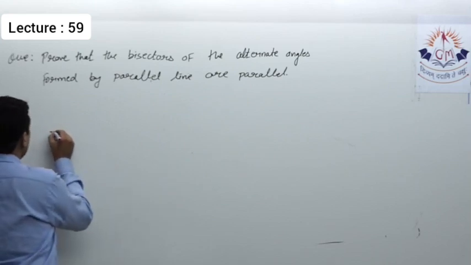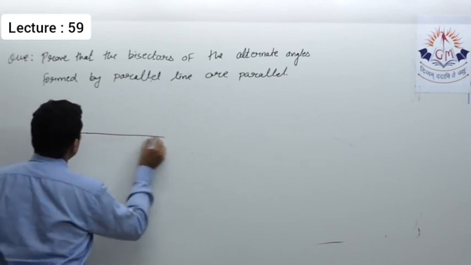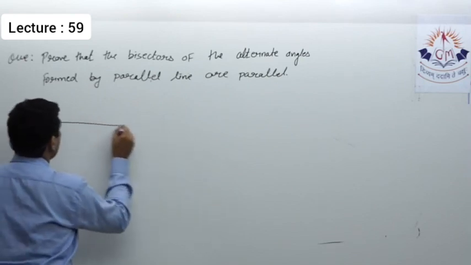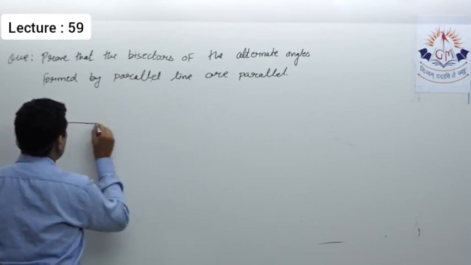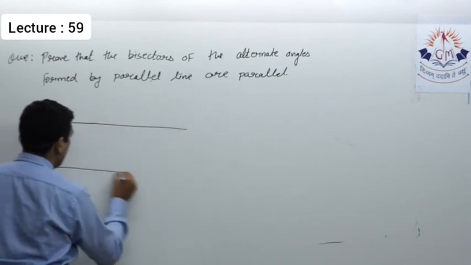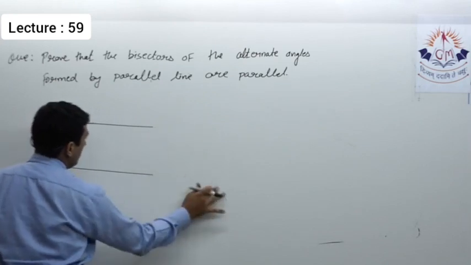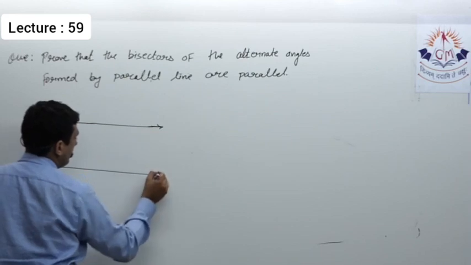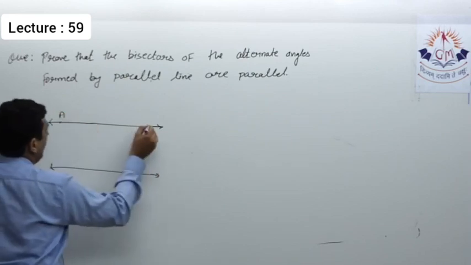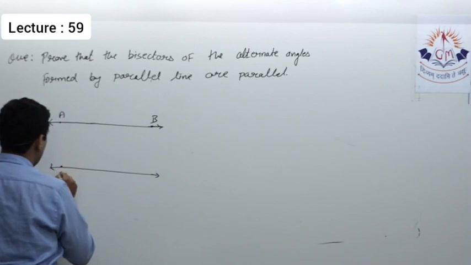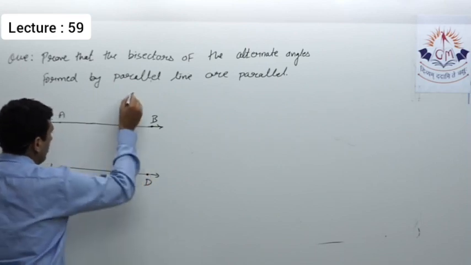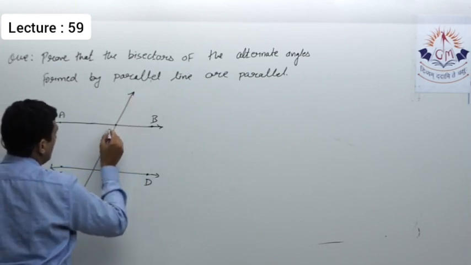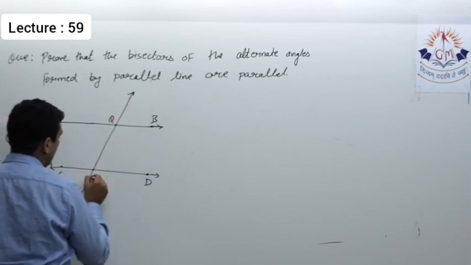That means here they want to say if there are two lines which are parallel to each other. Let there be a line AB and a line CD. It is given that AB and CD are parallel to each other. As they are parallel and there is a transversal, let its name be QZ.